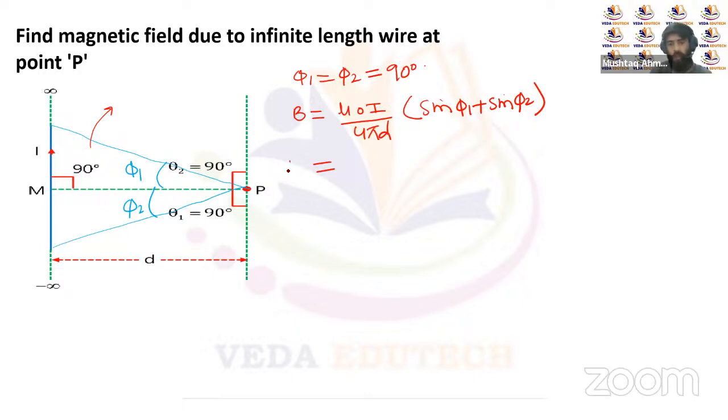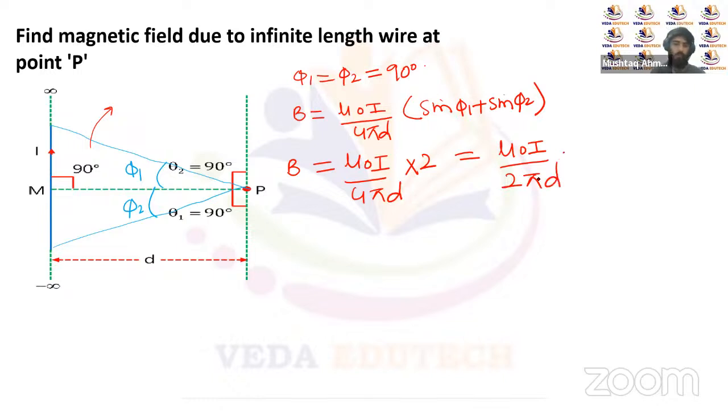So the magnetic field at point P will be mu naught I upon 4 pi d multiplied by this 2. So for an infinite length wire, the magnetic field at this point will be equal to mu naught I upon 2 pi d. This will be the magnetic field at this point P due to this infinite wire.